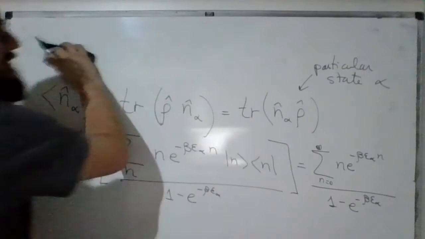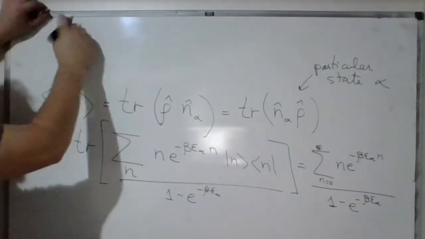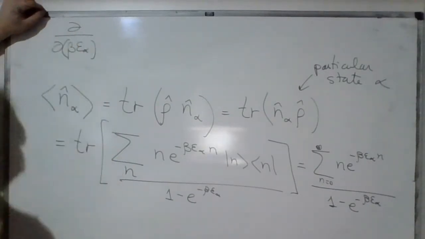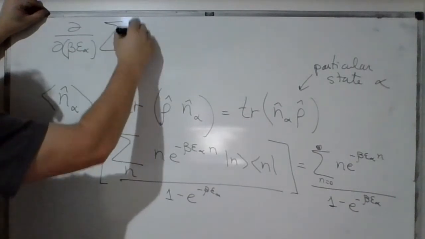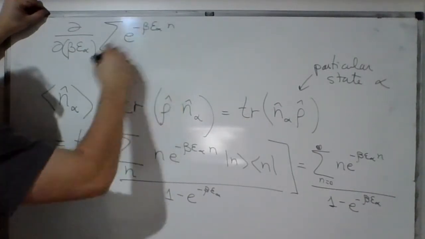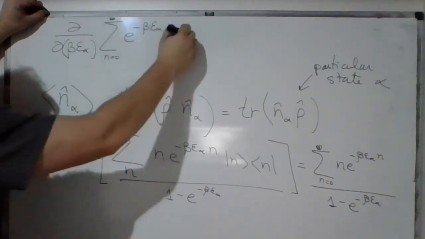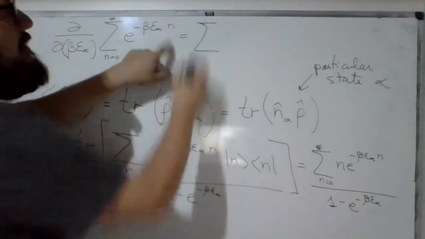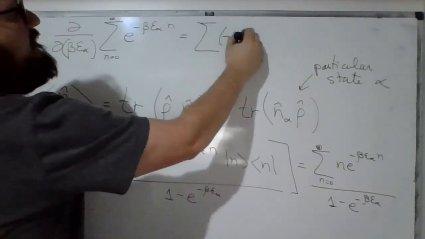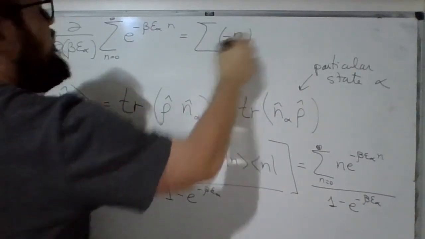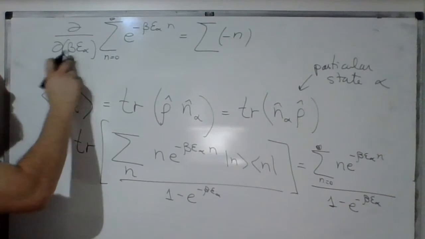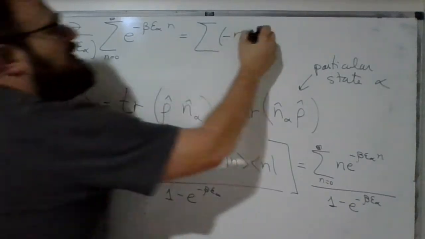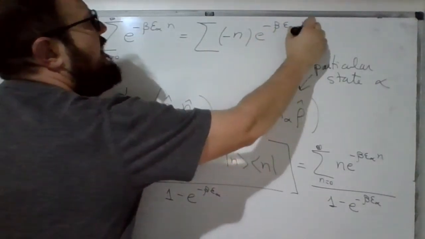Therefore, if we calculate the derivative with respect to beta E alpha of this summation of e to the minus beta E alpha n, summed over all the possible n's, what we find is a summation with a minus n, minus n e to the minus beta E alpha n.